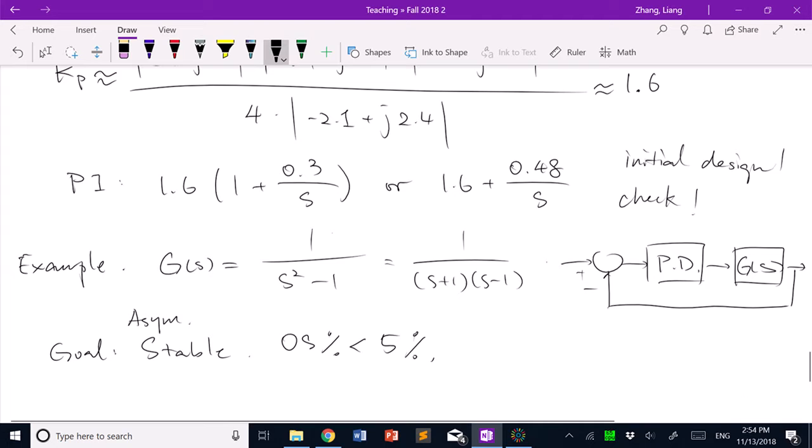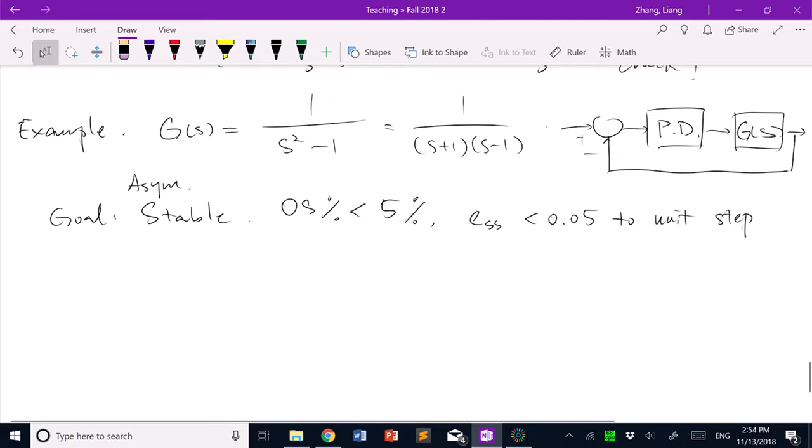And in control language, 5% is 45 degrees for these two complex poles. And the steady state error is less than 0.05 when the input is a unit step. So I have several criteria again: stability, transient, and steady state.